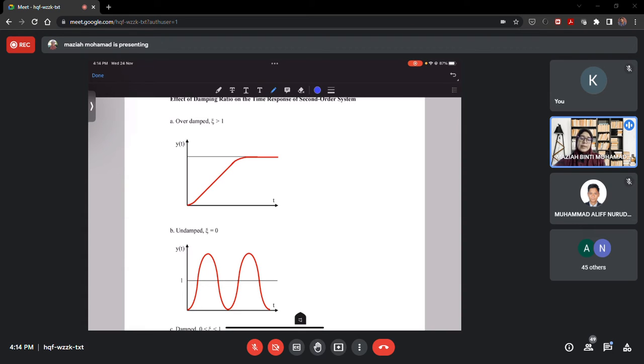Okay, so the first response is when we choose zeta bigger than 1. We call that overdamped, meaning when zeta is bigger than 1, we consider that overdamped, too much damping value in the system, right?